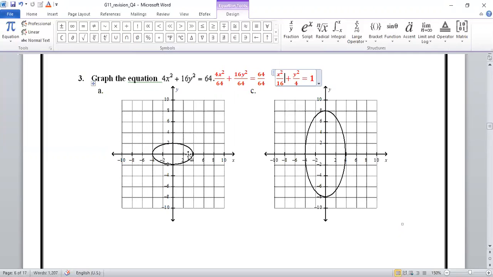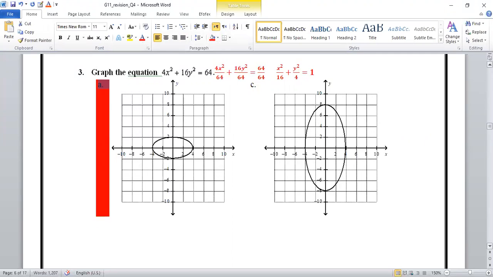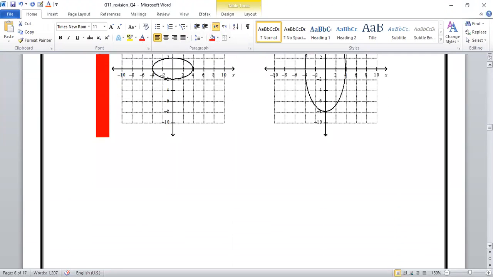The length of the minor semi-axis equals 2, from the center to this point. So the graph is number A, not number B.